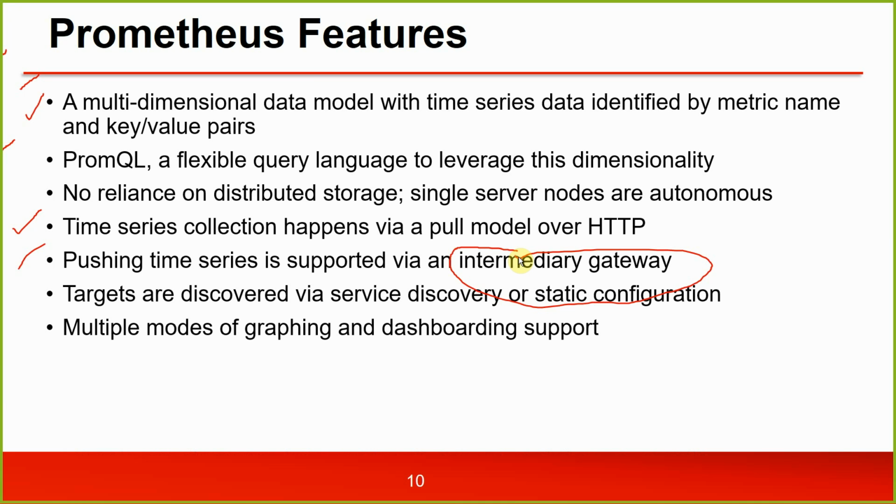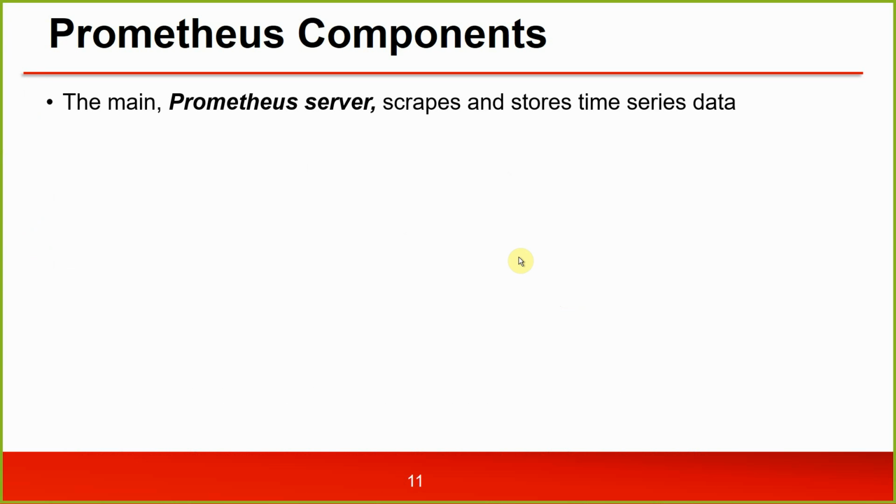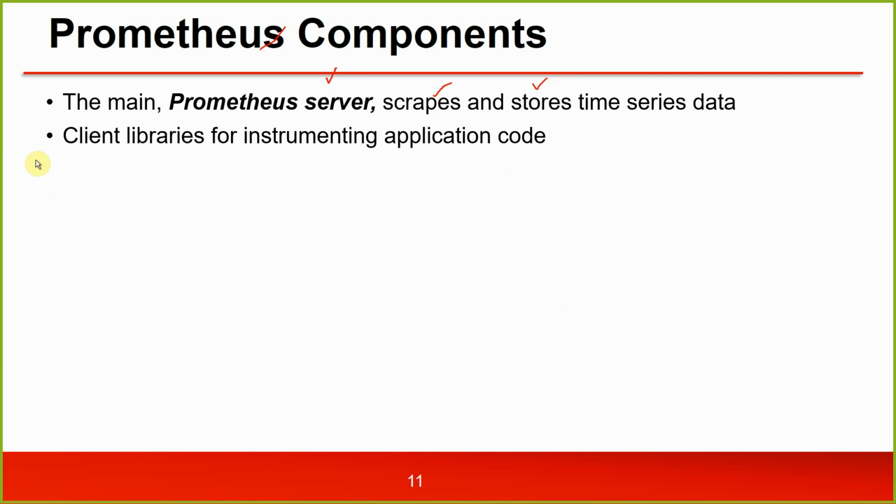Multiple models of graphing and dashboarding support are available. The components of Prometheus are the Prometheus server itself, which scrapes and stores time series data. Client libraries are available for instrumenting application code, meaning you are working on an application and you want this application to be monitored.